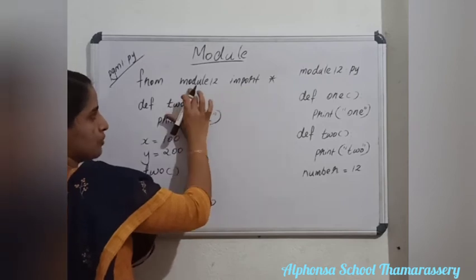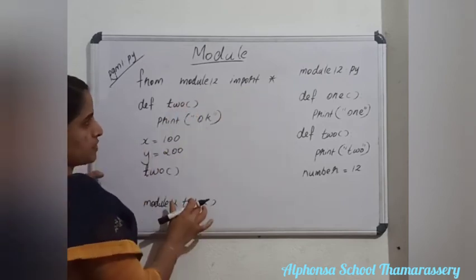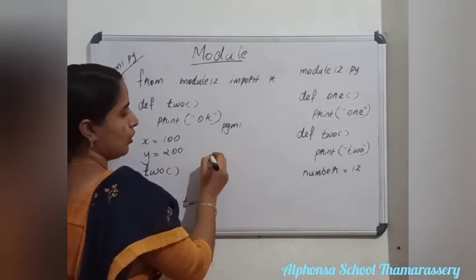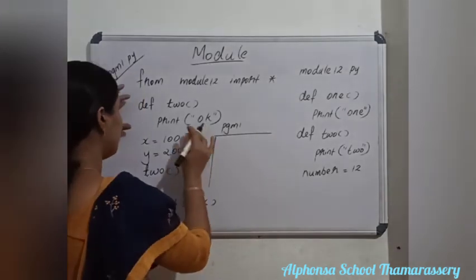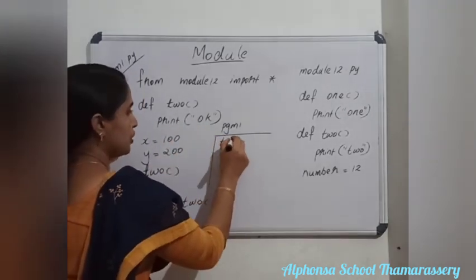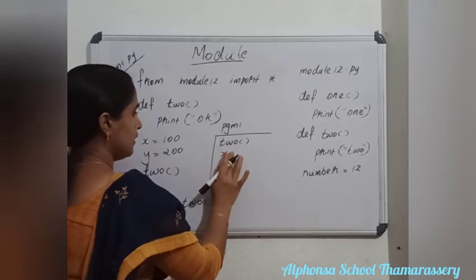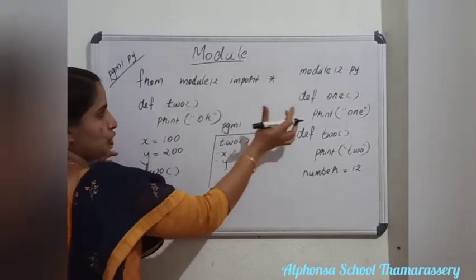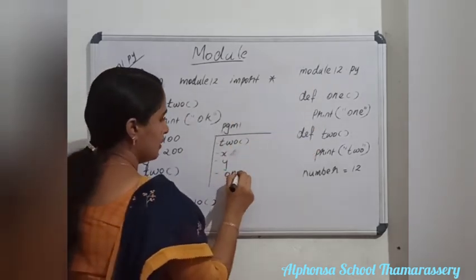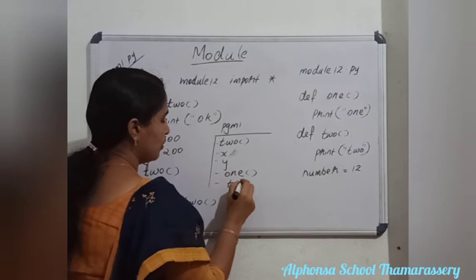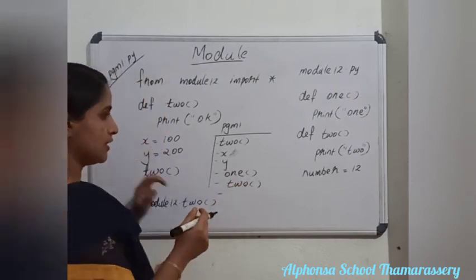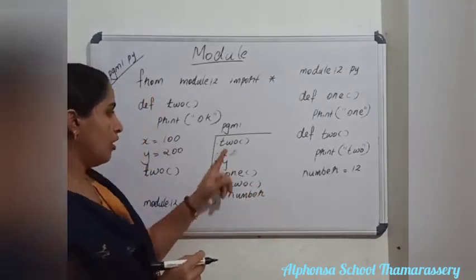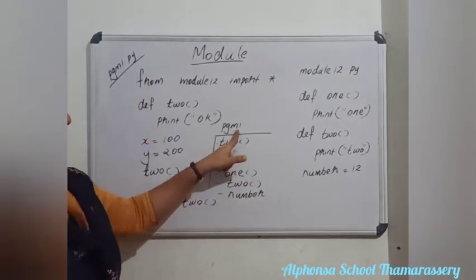All the elements of this module will be part of the present namespace. So there will be only one namespace in this program, pgm1 only. It contains all the elements of the present program: function two, x, y, and all the elements of the imported module12: function one, function two, and number. All these elements are part of the program.